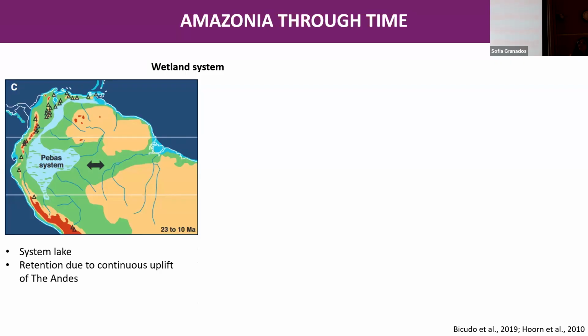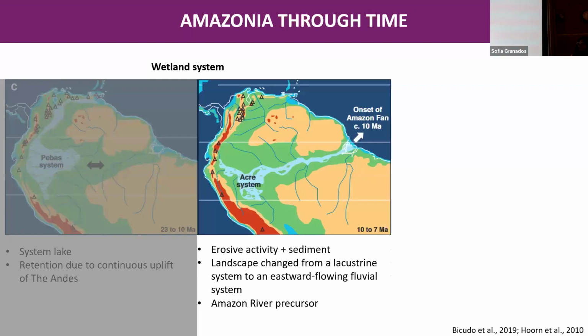Then we had some marine incursions, so there was a lot of water retention in this area. This is what we call the Pebas system, which was a lake system. With time, and with the continuous erosive activity of the Andes uplifting, and also sediment deposition, this system that was once a lake changed.